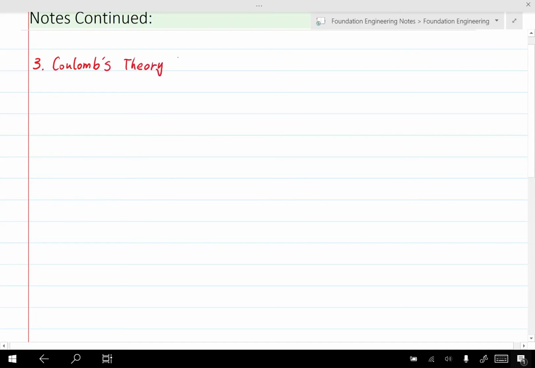And for Coulomb's theory, it's only available for granular material. So we don't talk about the C either.